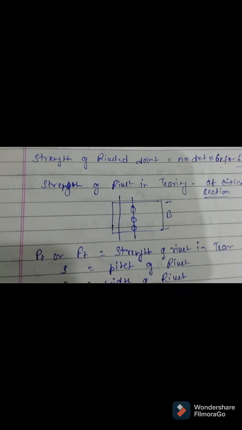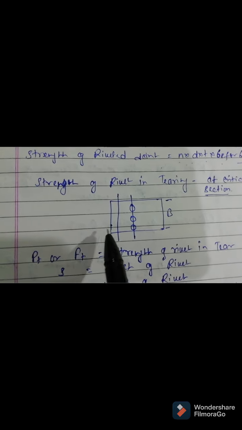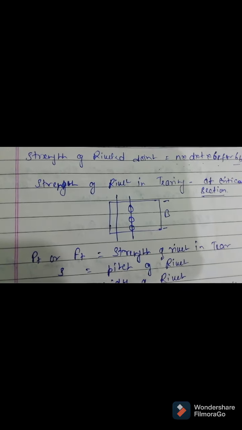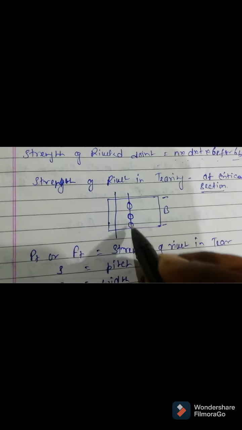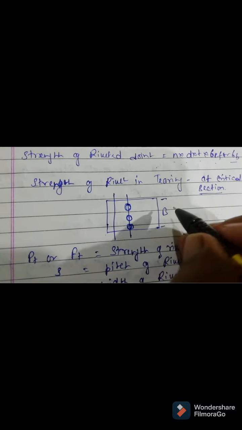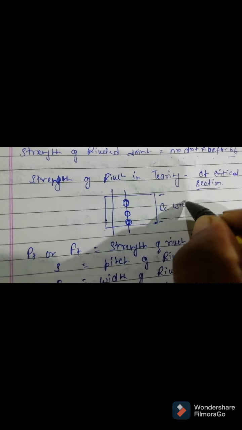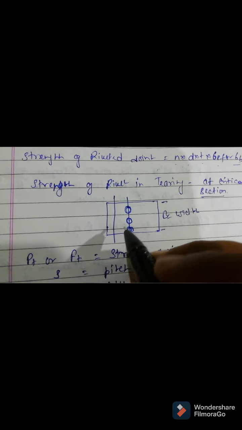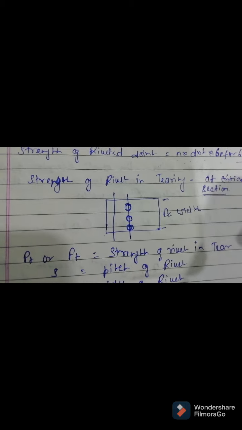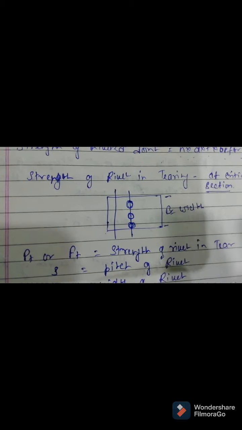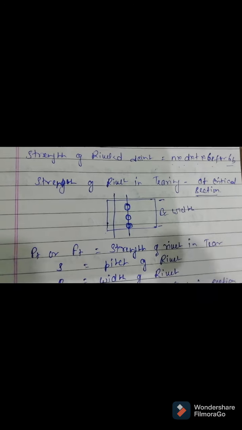Now, this is the plate and we have applied 3 rivets. See, 1, 2, 3 rivets. Rivets applied means there are holes. Here this is the solid plate, and B is the width of the plate, and T is the thickness of the plate. If you take the solid plate, what is its strength?